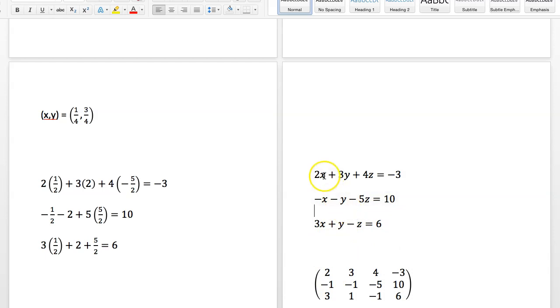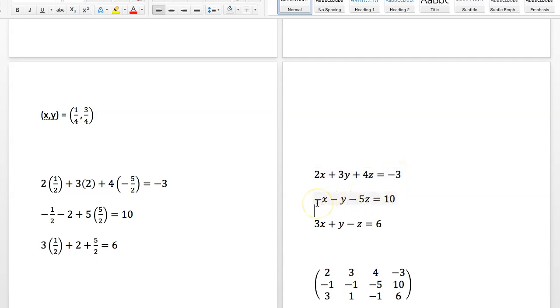Now, you take off the coefficients and you put them in a matrix, like this. Here's the 2, here's the 3, here's the 4, here's the -3. It's just the corresponding matrix, structured just like the equation, as long as the equation is in order, with x first, y second, z third, and -3 coming last.